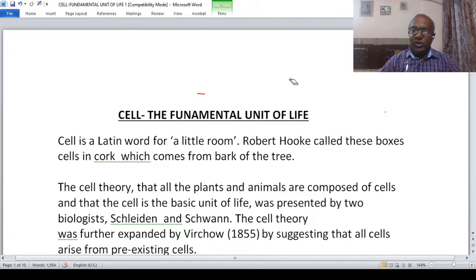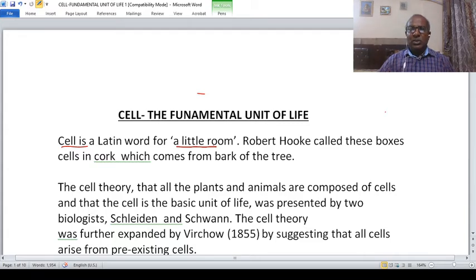Now, moving on to the aspects of the cell. The literal meaning of the term cell is a little room or a compartment.